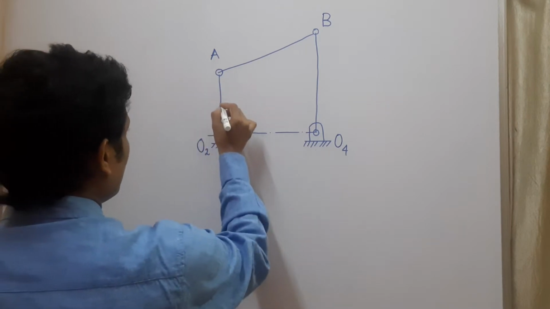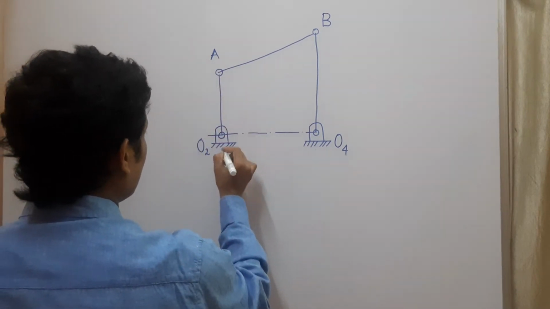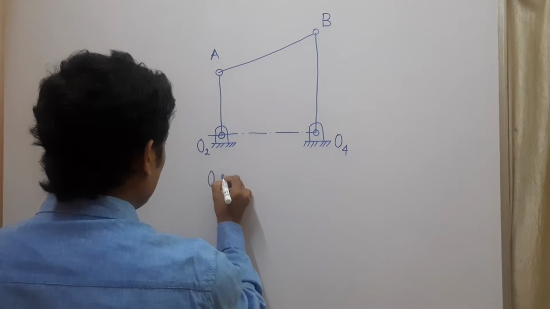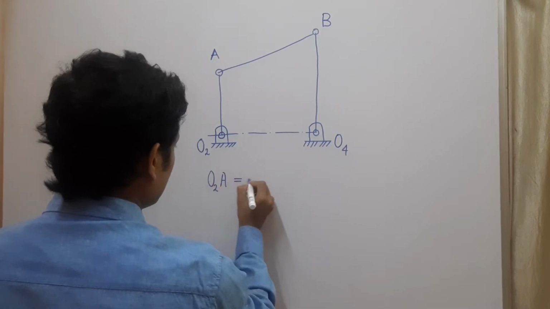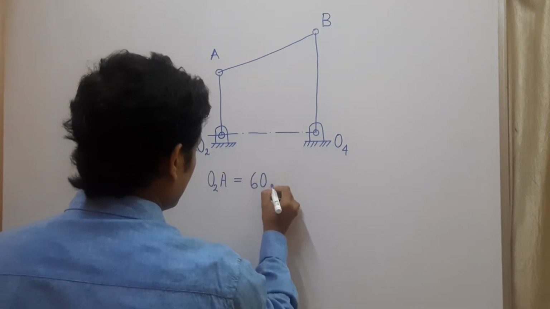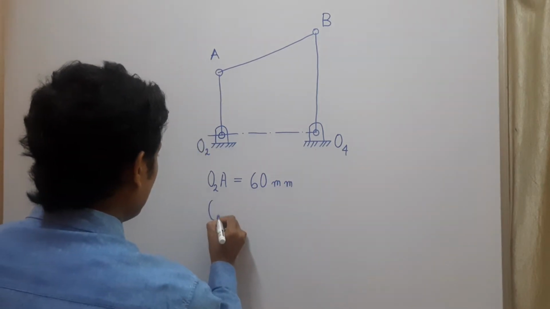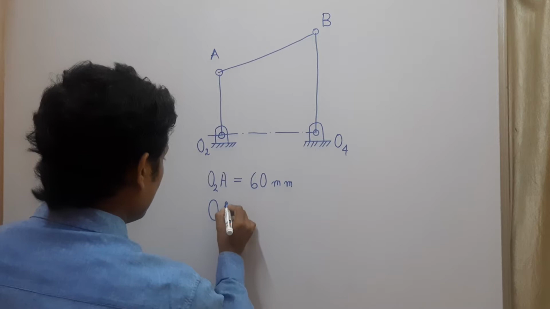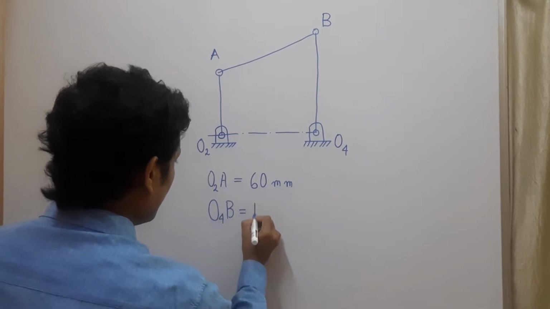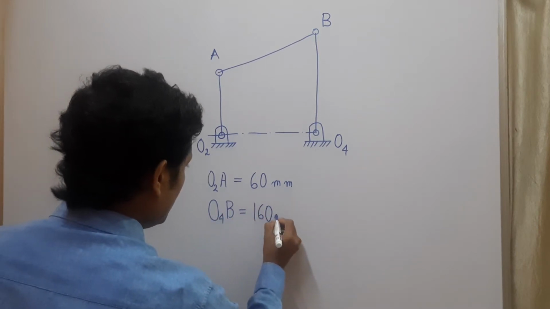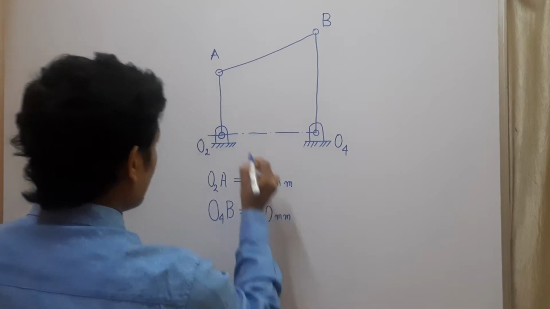The length of O2A is given, that is 60 mm. Length of O4B is also given, 160 mm.